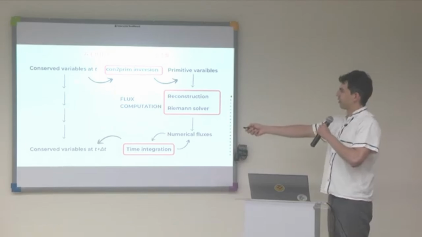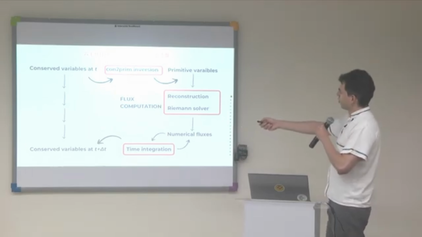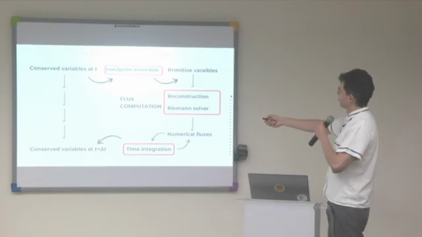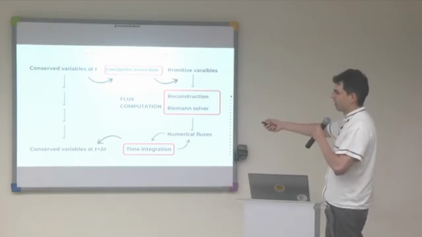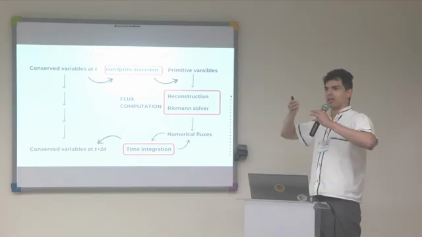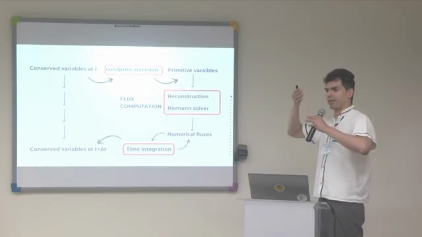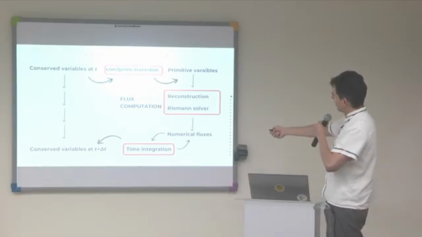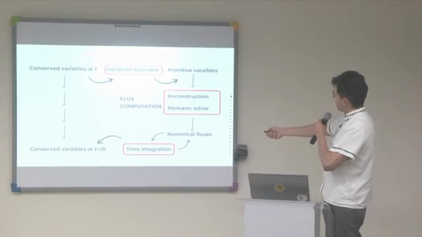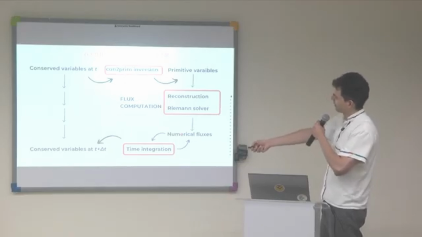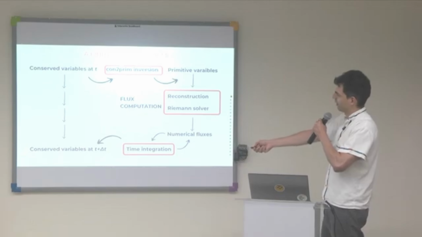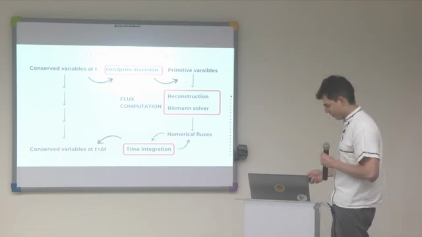We start with the conserved variables at some time t, then we perform a conserved to primitive inversion. Now that we have the primitive variables, we reconstruct the quantities at the two different sides of the boundary between each cell. We solve the Riemann problem approximately, then we obtain numerical fluxes, and finally we perform time integration in order to obtain the conserved variables at time t plus delta t.